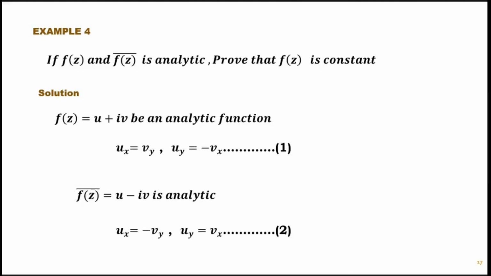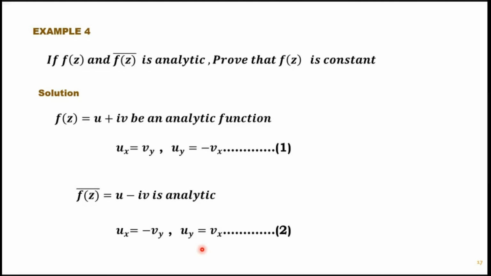If I take ux, yes, ux is equal to vy, here ux is equal to minus vy. If I add both, what will I get? 2ux is equal to 0, and ux is equal to 0. Similarly, if I add uy from both equations, 2uy equal to 0, so I will get uy equal to 0.